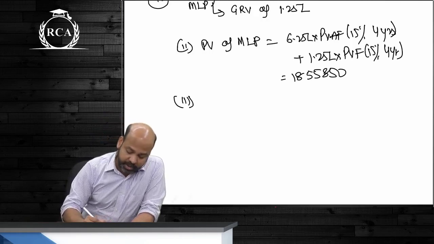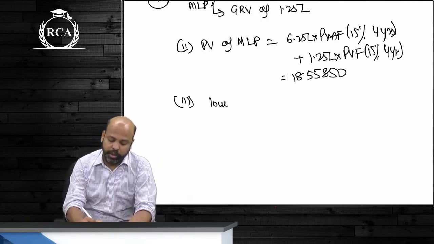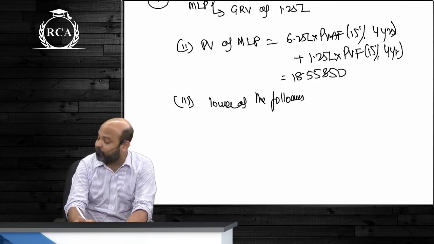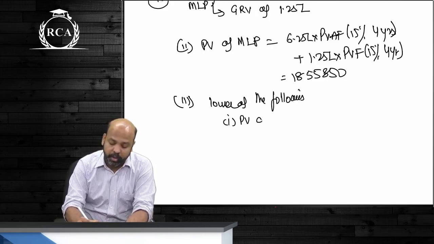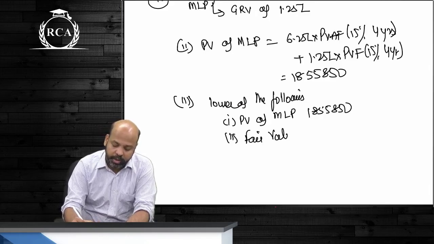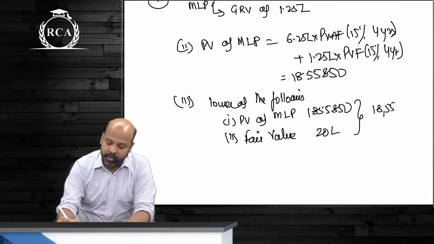At the inception, guys, you will have to record it at the lower of the following. What is the lower of the following, beta? Present value of MLP. How much is the present value of MLP? 18 lakh 55,850. Or if not this, what is the other one? Fair value. How much is fair value? 20 lakhs. The lower of the two, beta: 18,55,850.